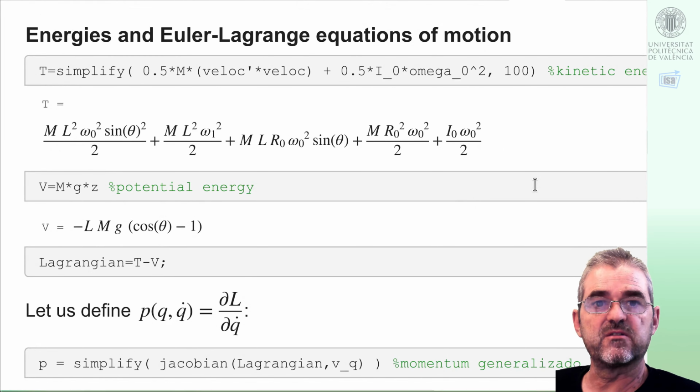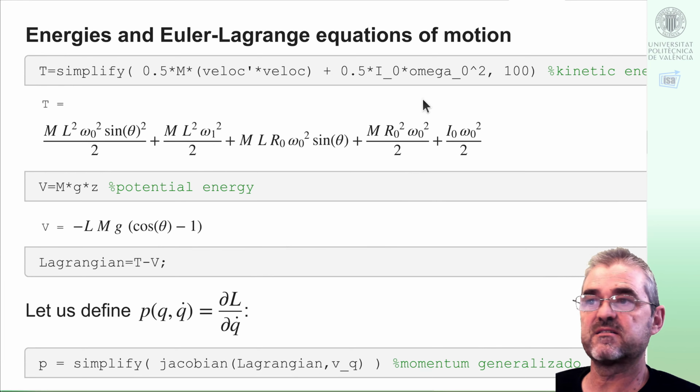The basic idea of the Euler Lagrange equations of motion is that they are based on energy balances, sort of. So we need kinetic energy, capital T, and potential energy, capital V. How do we define kinetic energy?